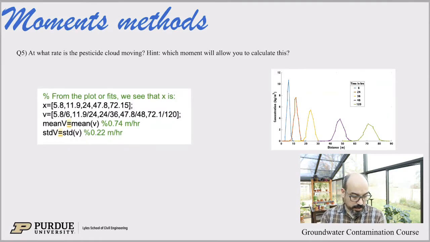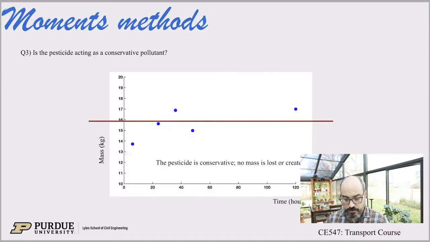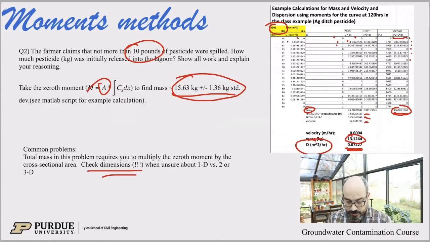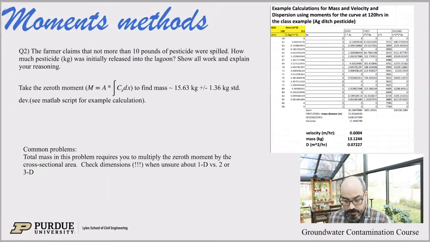You can get this from the first moment. If I go back to my Excel, sorry, I have to switch back and forth here. The velocity. My velocity is the normalized first moment. The first moment is here, 72 meters.